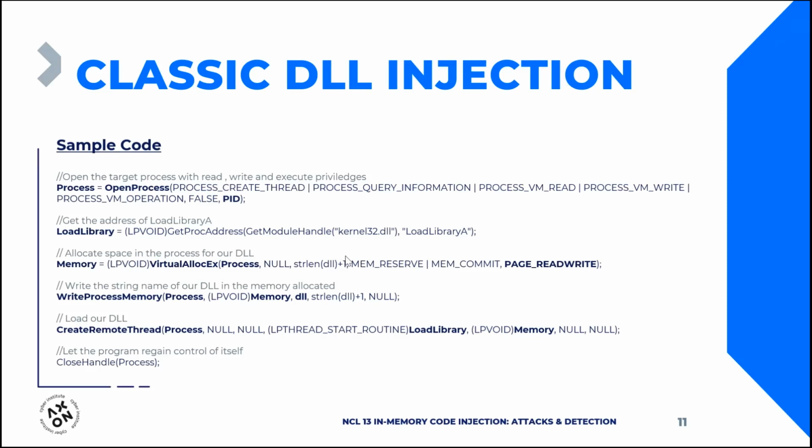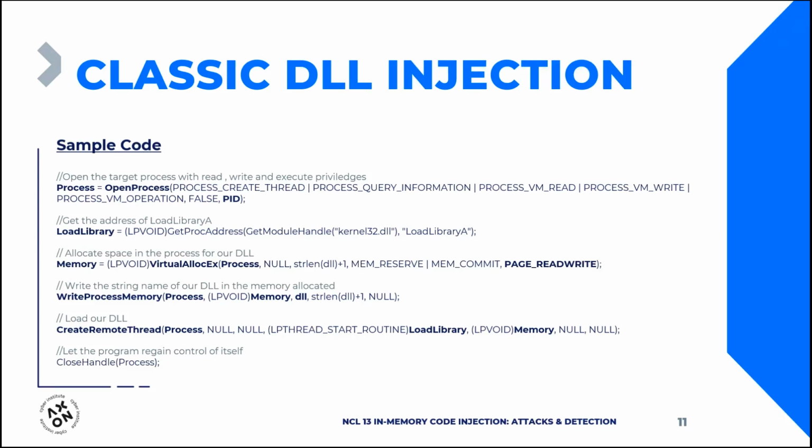So the parameter dll, strlen(dll), this is the length of the DLL path. VirtualAlloc now is going to reserve this memory with the size of the path of the DLL, and then will return to me the memory address of that allocated space.